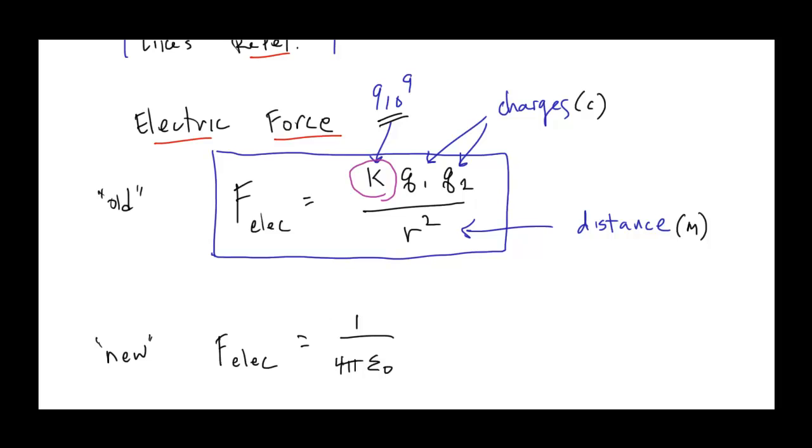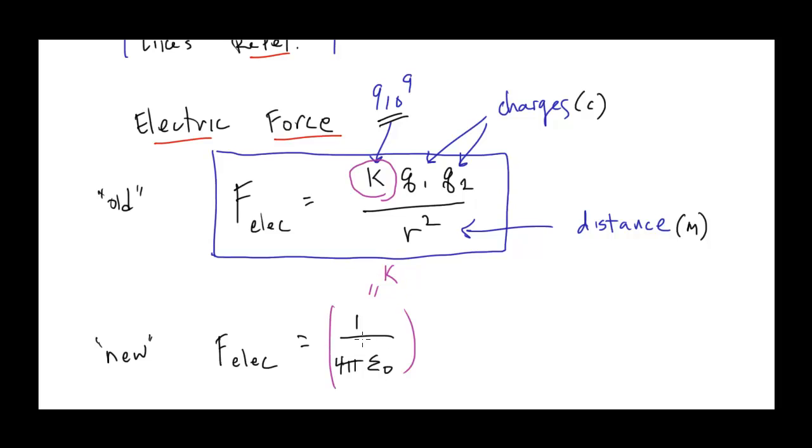So this whole thing, 1 over 4 pi epsilon 0, equals 9 times 10 to the 9th. You might wonder, if we already have K, why do we break it down into these pieces? We're going to see that for certain calculations, having it broken down this way allows us to unpack some interesting relationships.